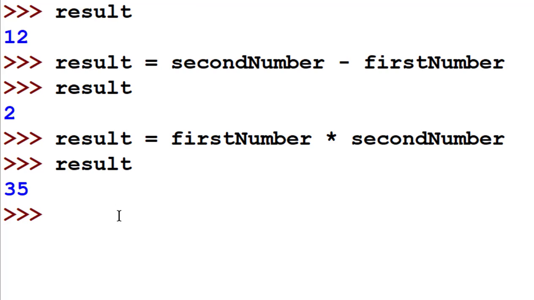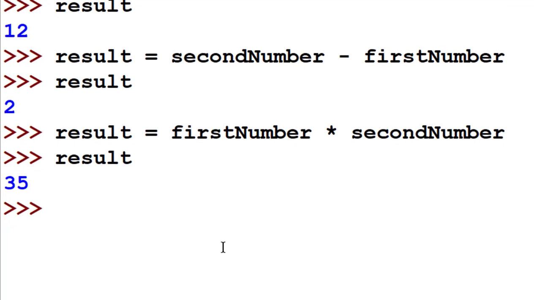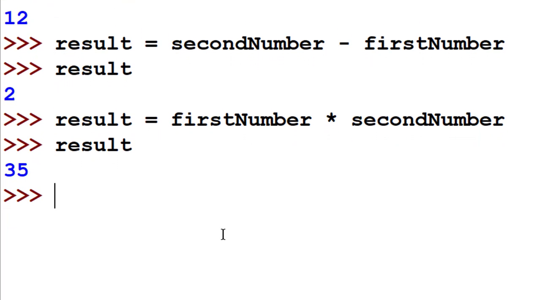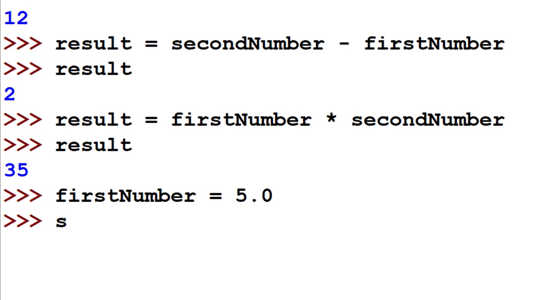We also have division. We have to be very careful when using division. It is advised that whenever we use division, if we want answers that are precise, that we use floats. So in this case, let's change the values here. So let's make the first variable, first number, equal to 5.0, and let's make the second number equal to 7.0.